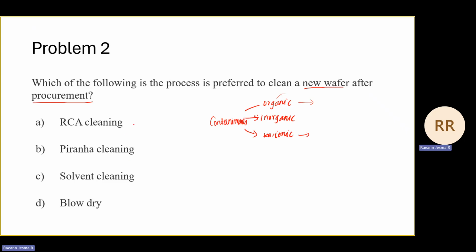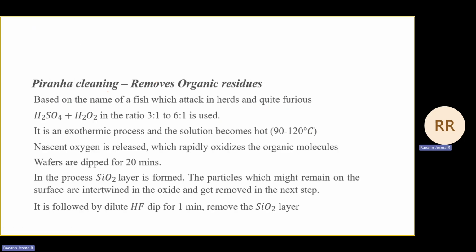So let's see what each of these options means. First we'll see piranha cleaning. You have heard of the fish called piranha, which is very ferocious when it attacks, right? This type of cleaning is used to remove any organic residues that are present.